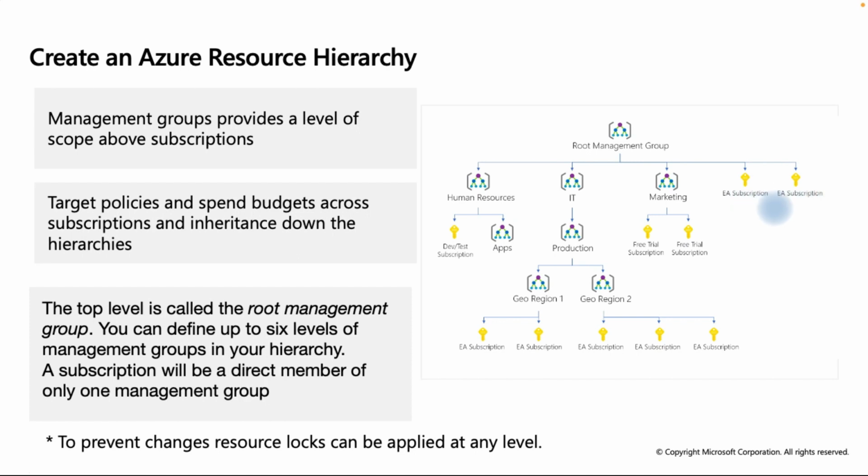Also, the root group cannot be deleted. If you apply anything here, like a resource policy, it will be inherited by the children. So this is the parent and these are all the child groups. Now I will show you how we can make a management group.